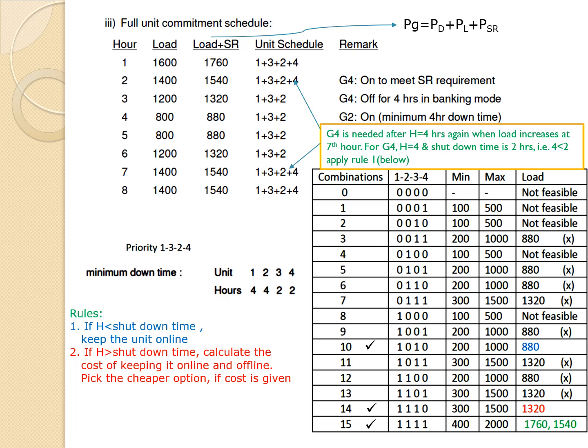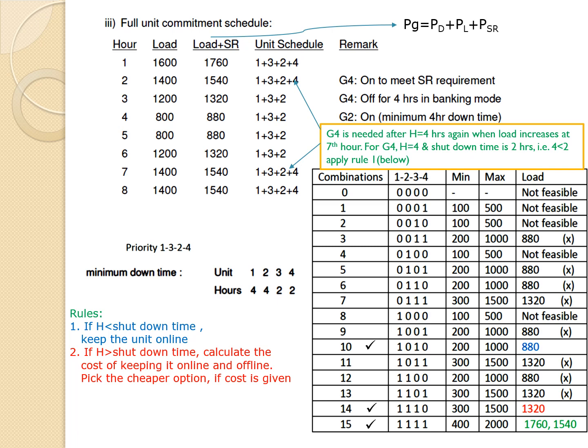So whenever the load plus SR is lesser than 1500 megawatt, it will be easily met by this combination. Such a combination we get at 1320 in the above table. The next is not feasible, and this is how we have created up to the last.